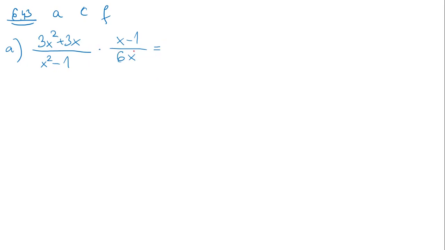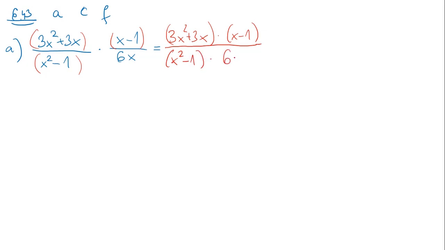So first, what I want to do now is point 2, so I multiply the top numbers and the bottom numbers. So let's multiply them. So we have 3x squared plus 3x times x minus 1, and in the bottom we have x squared minus 1 times 6x.